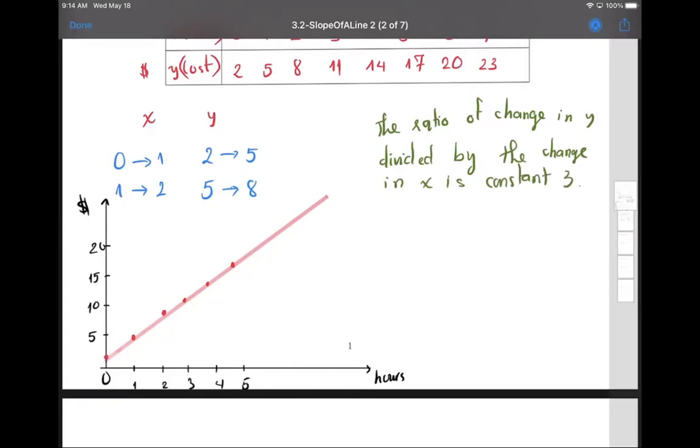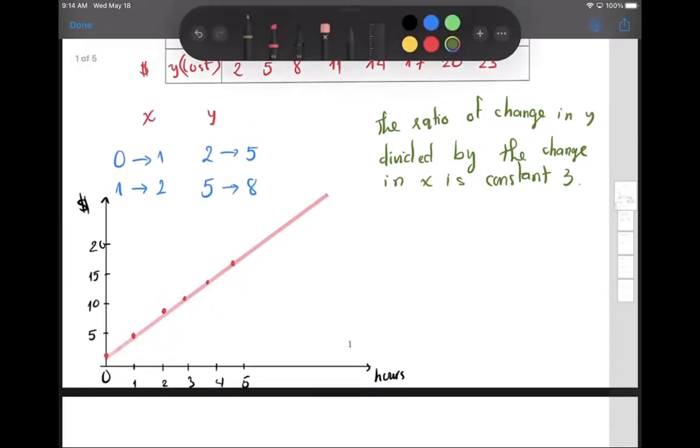Do you agree? You see the change in x go from 0 to 1, that's 1, right? From 1 to 2 is 1, and 2 to 3 is also 1. And y goes from 2 to 5, 5 minus 2 is 3, 8 minus 5 is 3, and then 11 minus 8 is 3.